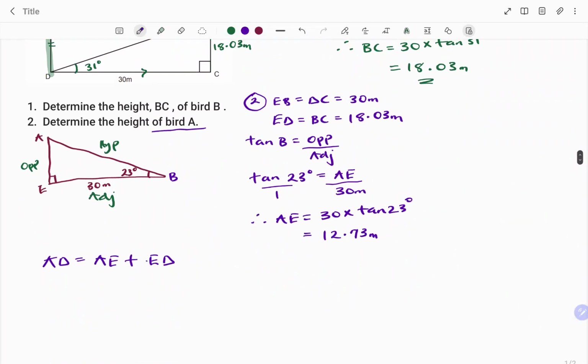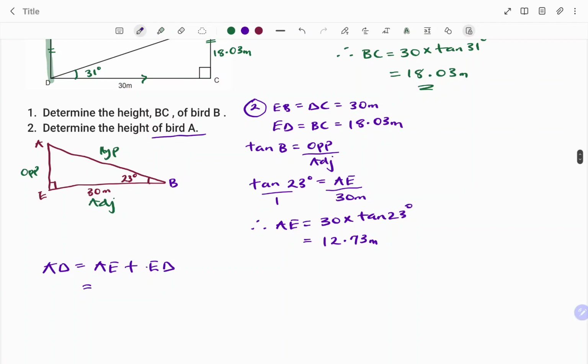So therefore, I have that as AE 12.73 meters plus my ED 18.03 meters. Therefore, the total distance of the bird A equals 30.76 meters.